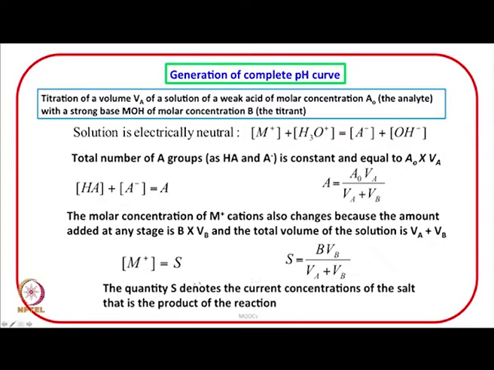This quantity S denotes the current concentration of the salt, that is the product of the reaction. You are titrating a weak acid with a strong base. So A minus will come from the acid and M plus will come from the base, and will form a salt MA, and S denotes the concentration of that salt formed, which is the product of the reaction.